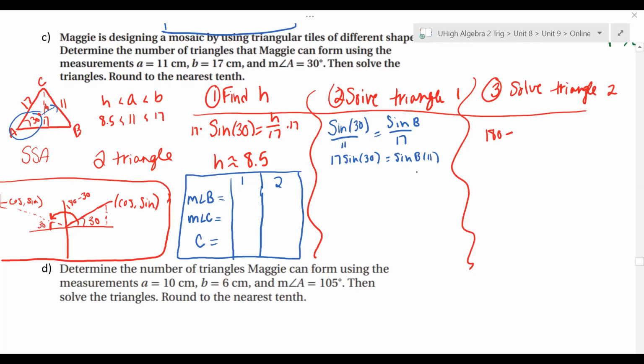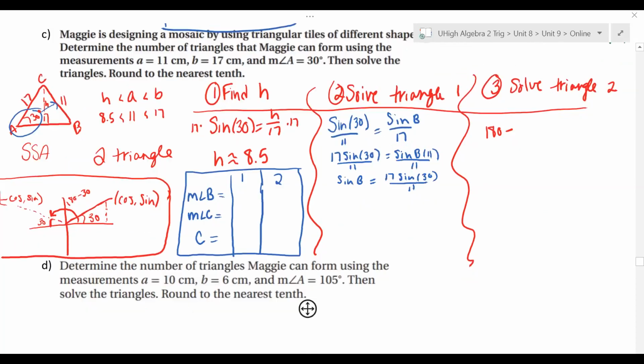Divide both sides by 11 here, and I get that the sine of B equals 17 times the sine of 30 divided by 11. And here's something we haven't done in a couple days: now we need to get rid of the sine of B, so I have to take the inverse sine of both sides.